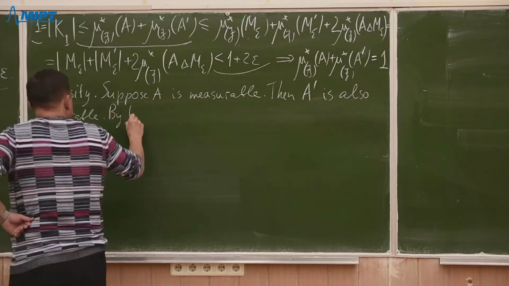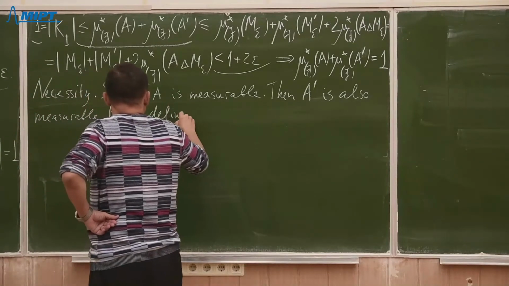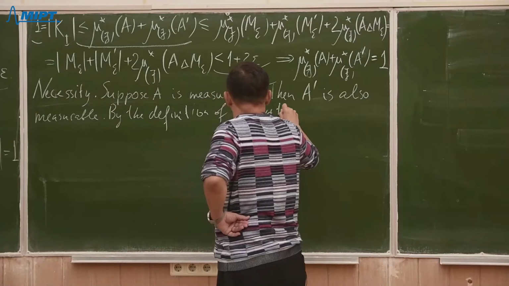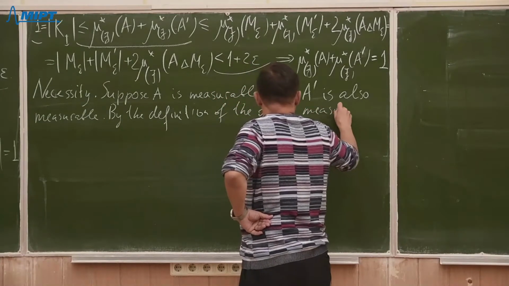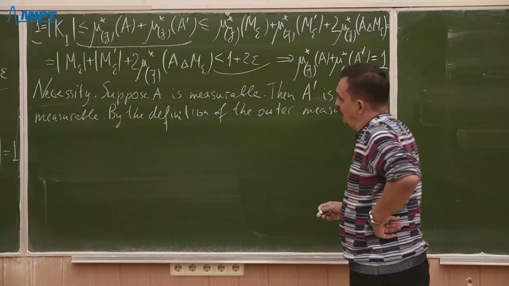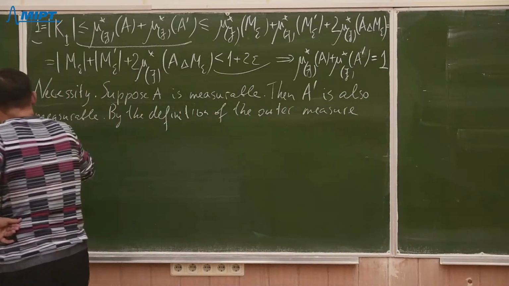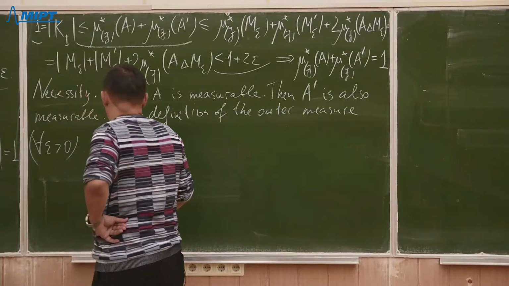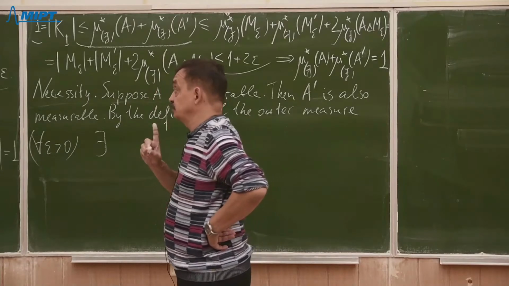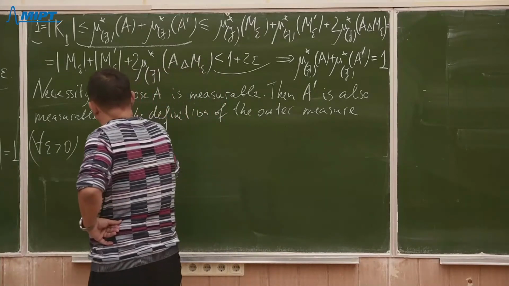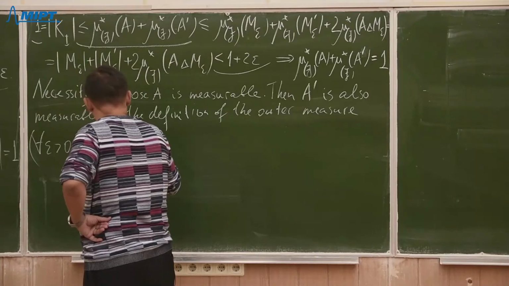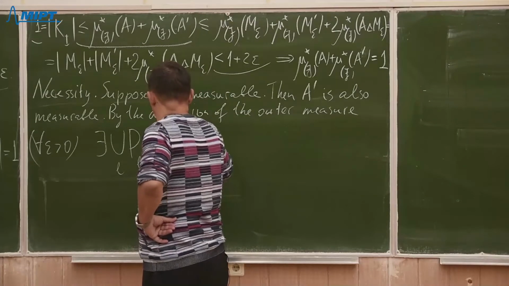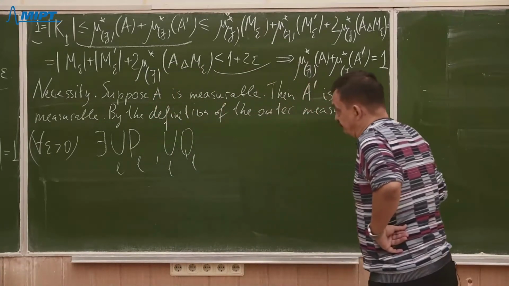By the definition of the outer measure, for arbitrary epsilon greater than 0, there exist coverings of both A and A prime.